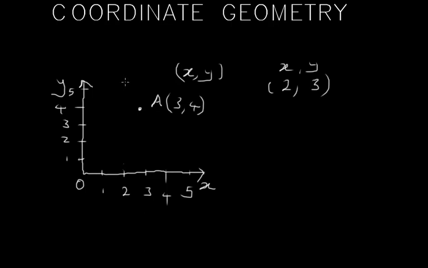So this is the 2 in the x, and the 3 in the y is there. Where these two lines meet, or rather intersect, that would be the point in question, which is point B. B has the coordinates 2, 3.